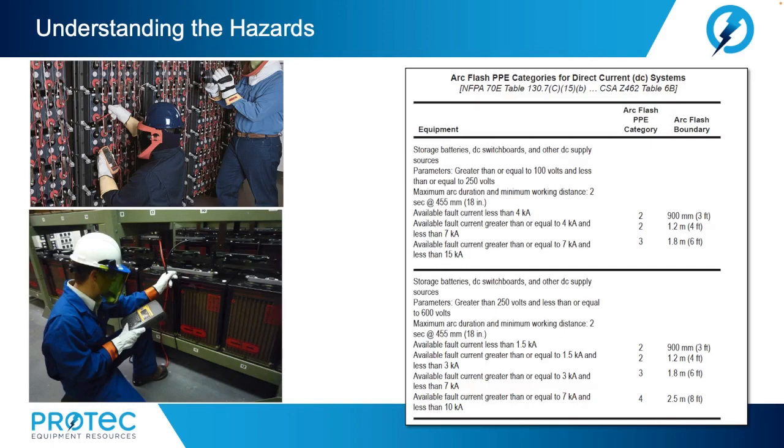In the NFPA 70E, this would be found in Table 130.7(C)(15)(b) for DC systems, or you would find it in the Canadian document Z462 in Table 6B.